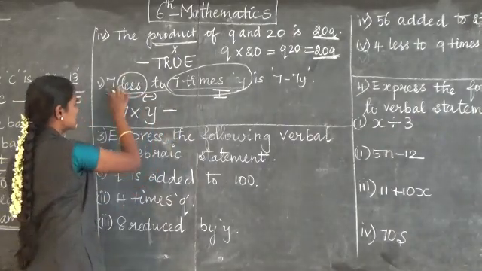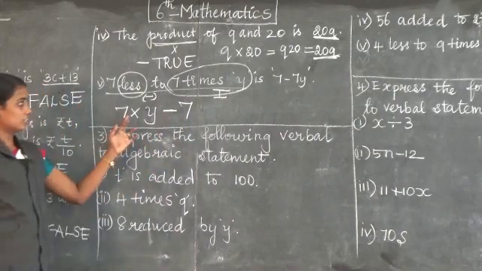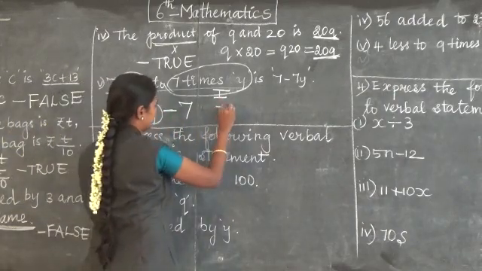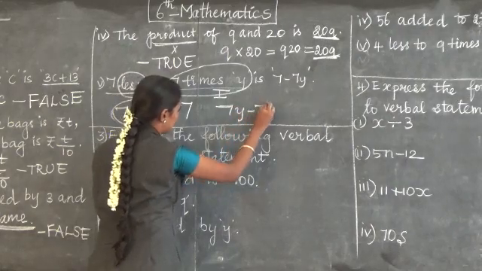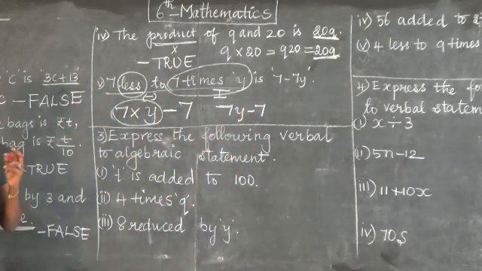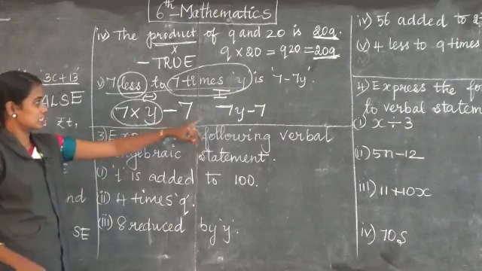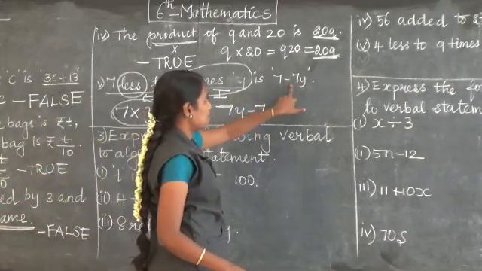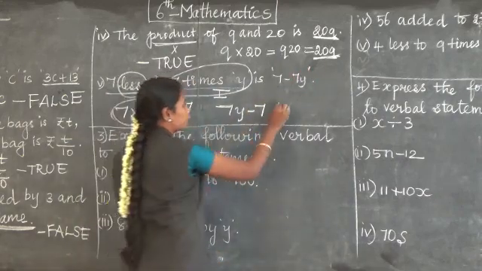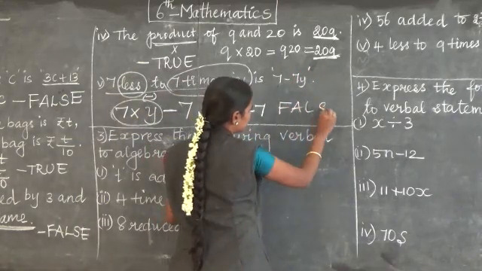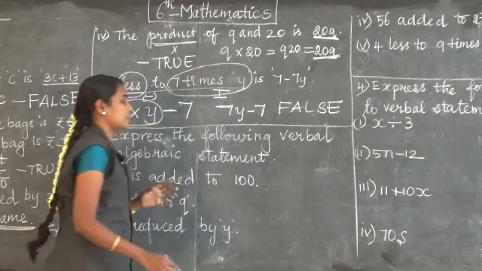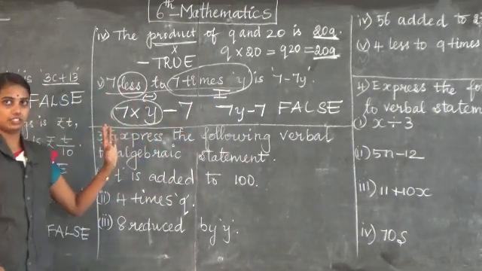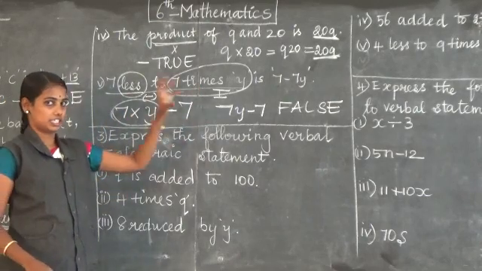So minus 7. 7 into y minus 7, I can write as 7y minus 7. So the answer is 7y minus 7. But the given is 7 minus 7y. False statement. So here you should be very careful. Whenever less comes, go from the last.